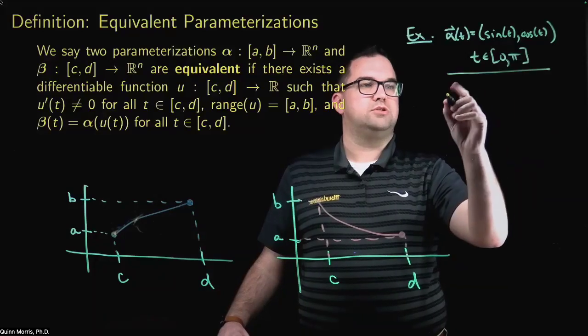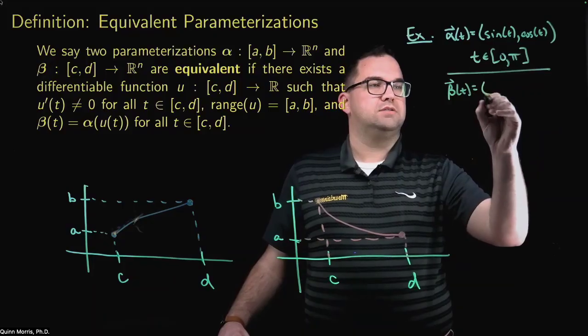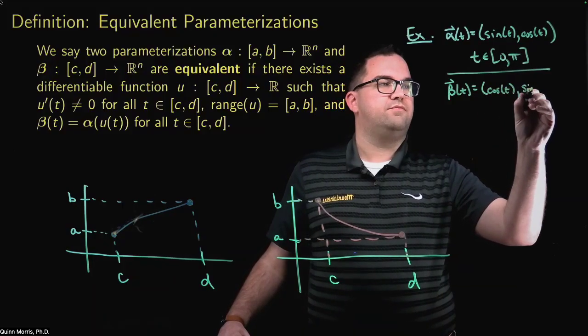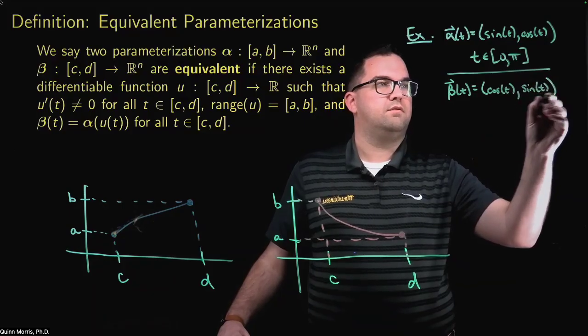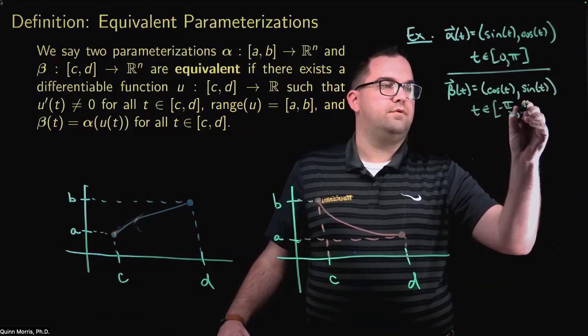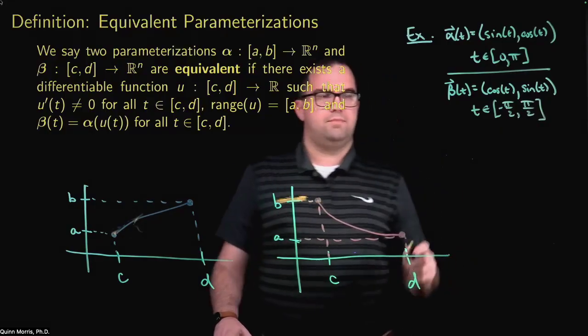And what if you also had beta of t as cosine of t, sine of t for t in minus pi over 2 to pi over 2.